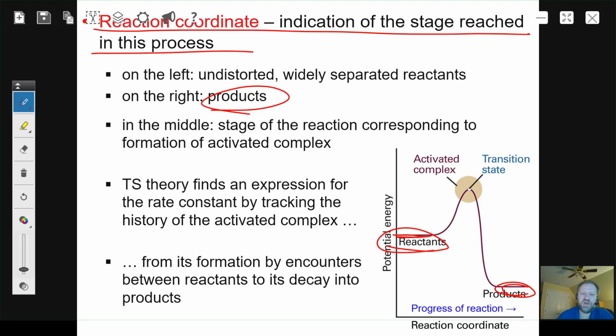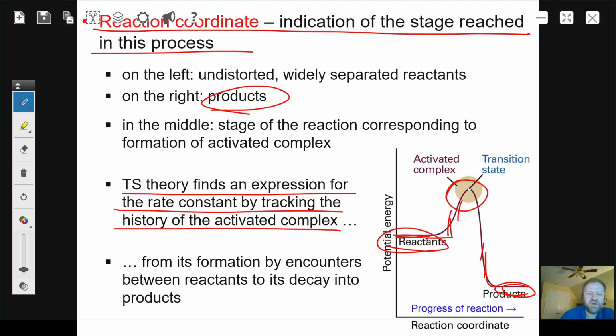And in the middle, we have the increase in potential energy that leads eventually to the formation of the activated complex. And the goal of transition state theory is to find an expression for the rate constant by tracking the history of the activated complex from its formation by encounters between reactants.